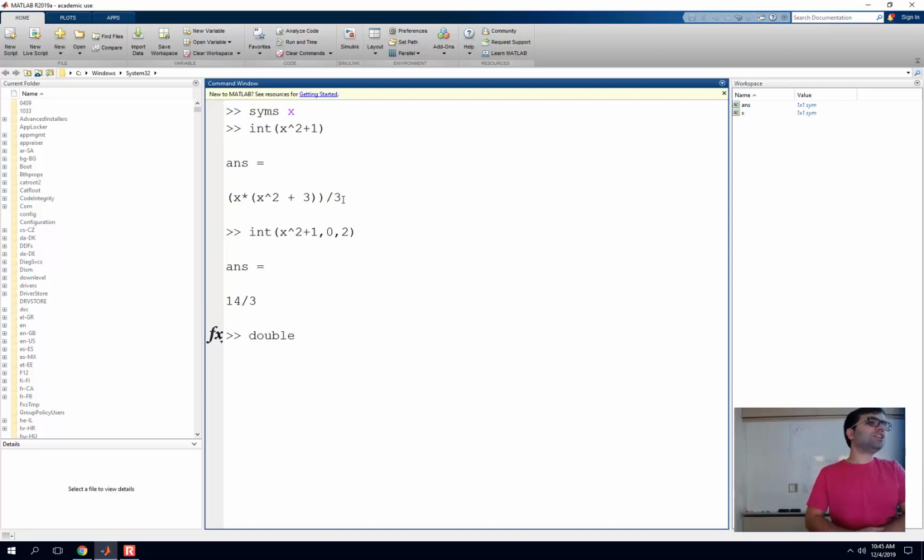Double basically changes anything that we give to it into a scalar, a double, a real number. So 14 over 3, as we expected, is 4.6667. And that double basically translated from symbolic value into an actual value. Does it make sense so far?